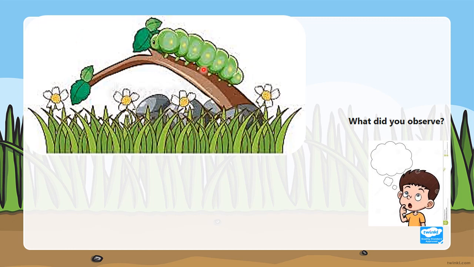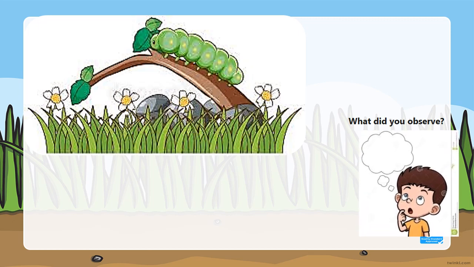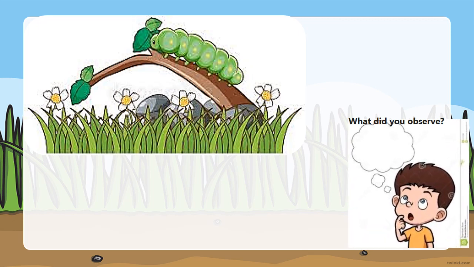The caterpillar is eating a plant to get the energy. It means plants get energy from the sun, and now the caterpillar is getting energy from plants. Oh, that's really amazing.